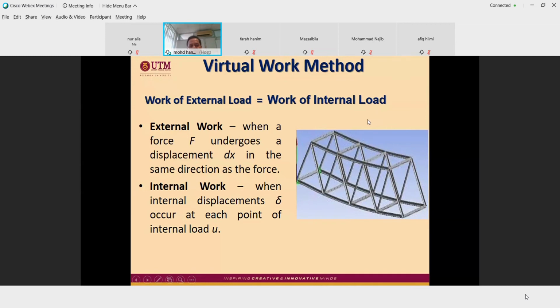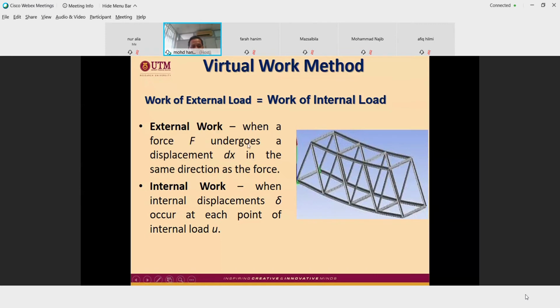When you use your energy to impose load or force on a certain thing, the whole of your energy will be stored in the material. This is conservation of energy, similar to work. Work of external load equals work of internal load. What is external load? External work.